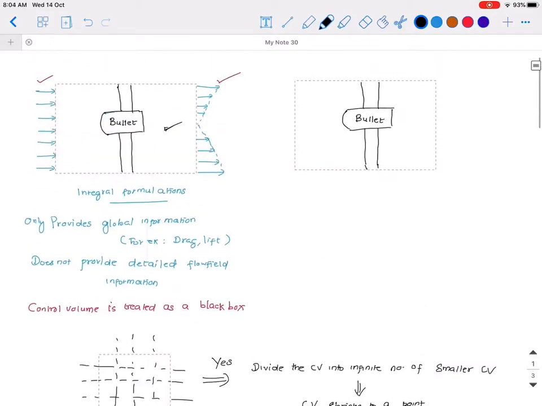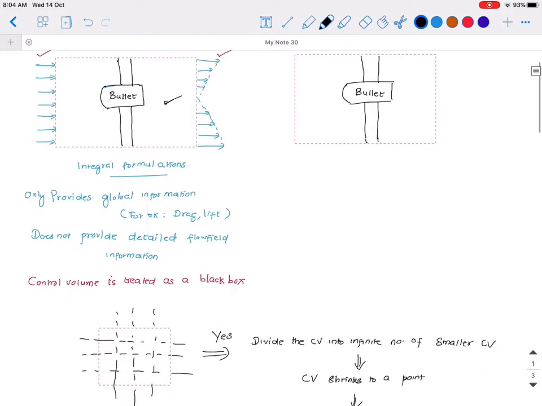Now the advantage of the differential formulation is that while the integral formulations are applicable over a finite sized control volume, the differential form is applicable at every point in the domain.